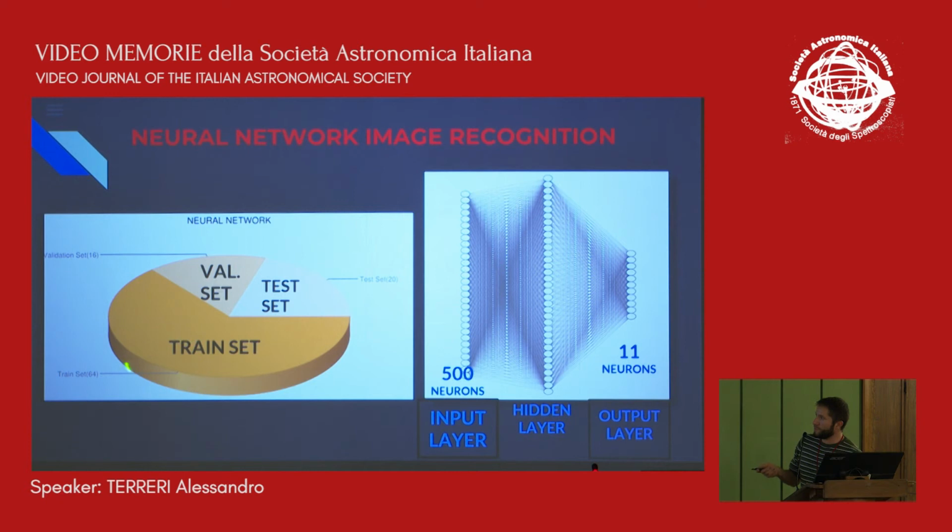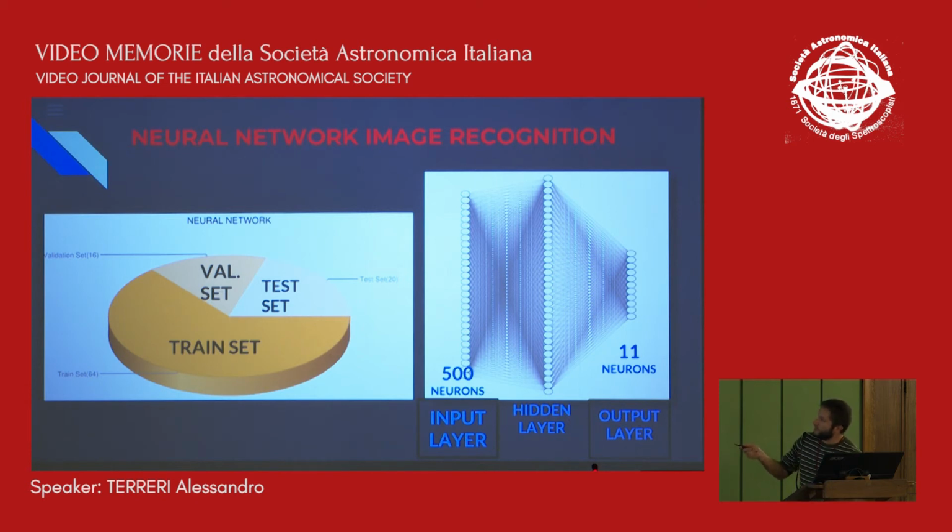In the first part, we have the training set, and another part, which is 20% of this portion, which is 80% of the whole dataset. And this is made in order to make the neural network work.